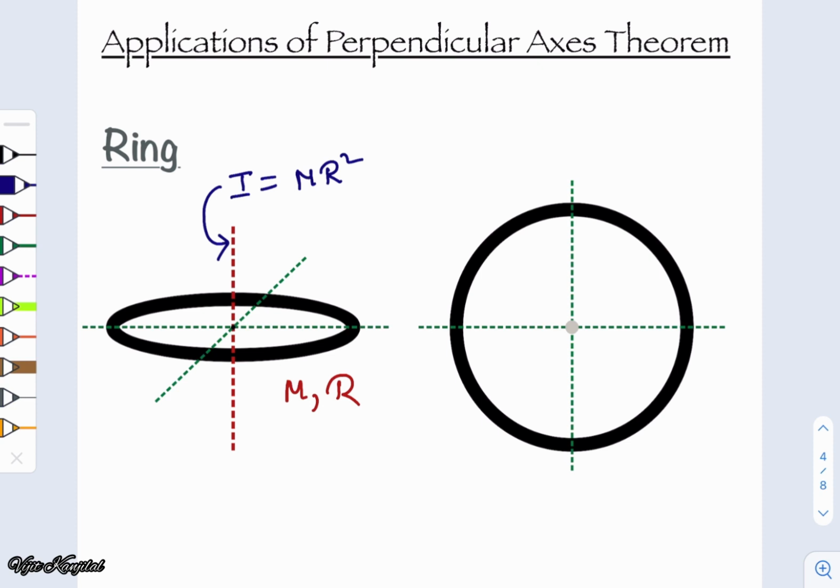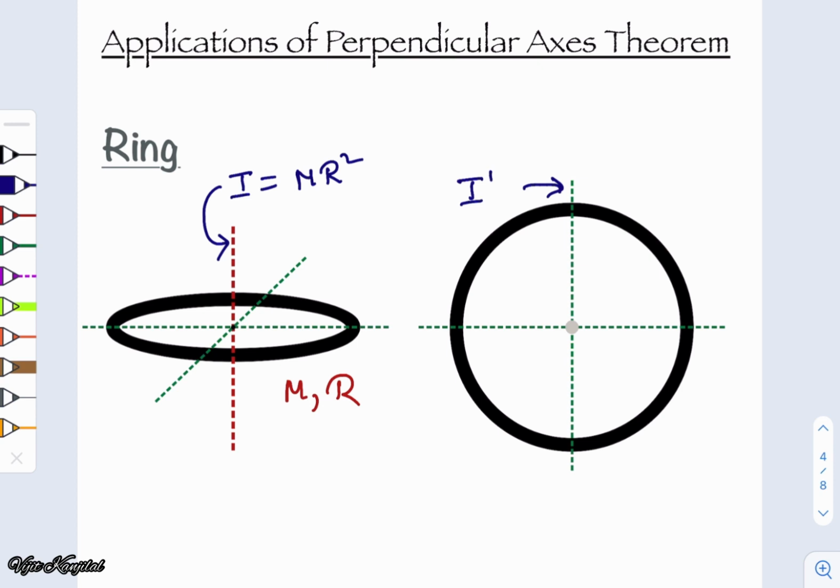Now we wish to calculate the moment of inertia of this ring with respect to this particular axis, or let's say this particular axis. So let us assume that the moment of inertia of this ring with respect to this axis be, let's say, I dash.